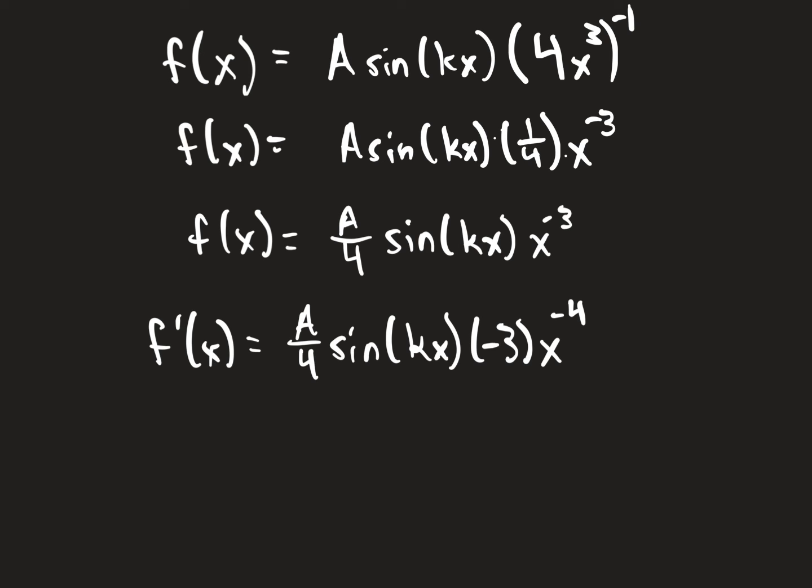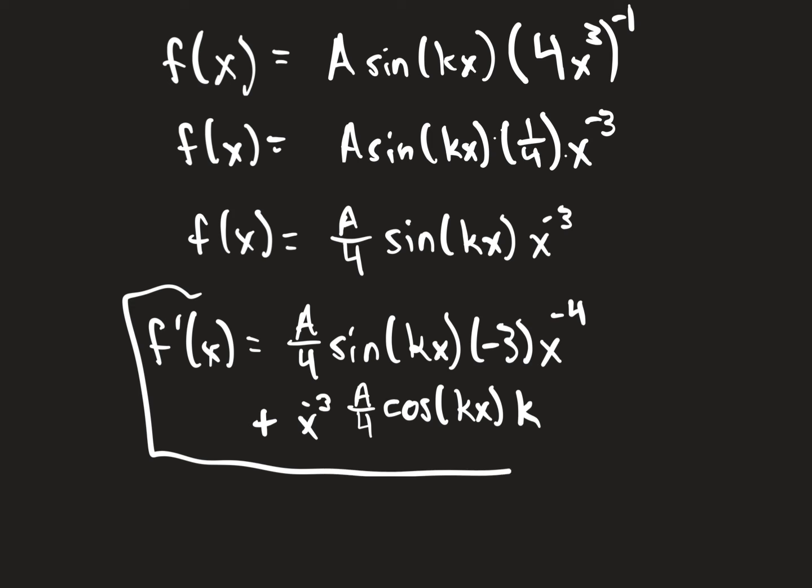First times the derivative of the second plus the second, x to the -3, times the derivative of the first, which is a over 4. What's the derivative of sine? It's just plain cosine of kx. And what do I have to remember to do because of the chain rule? Take the derivative of the inside, and that is k. There's my derivative.